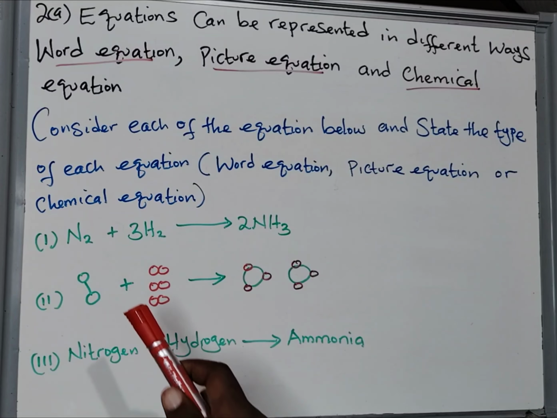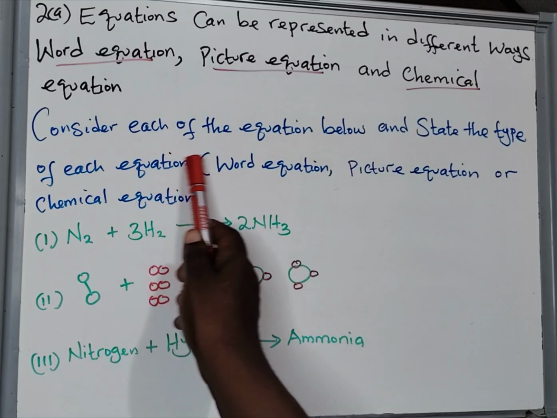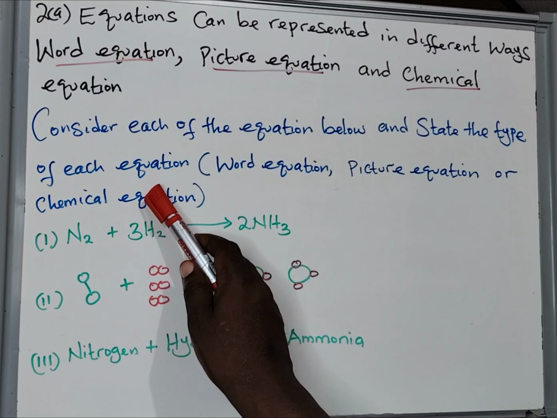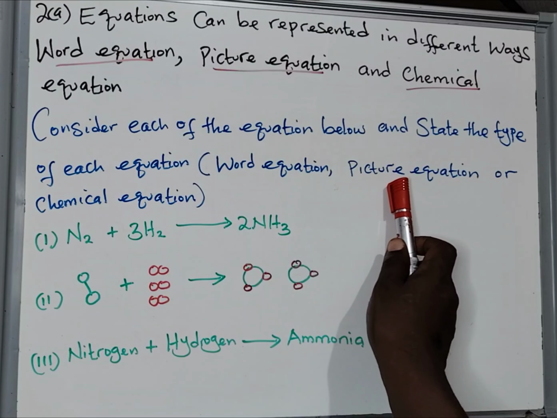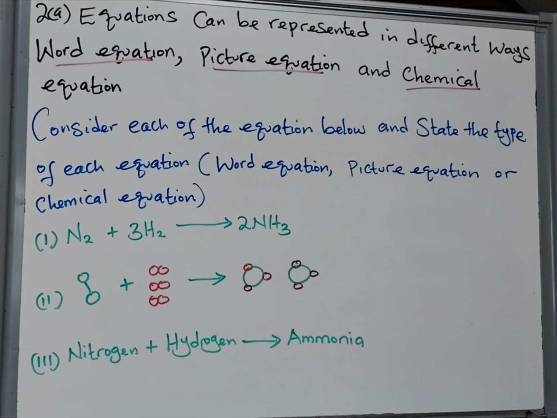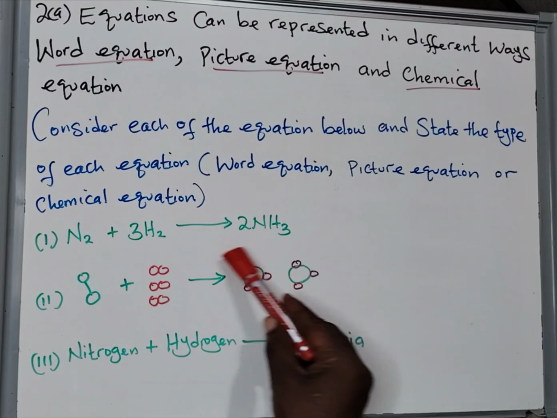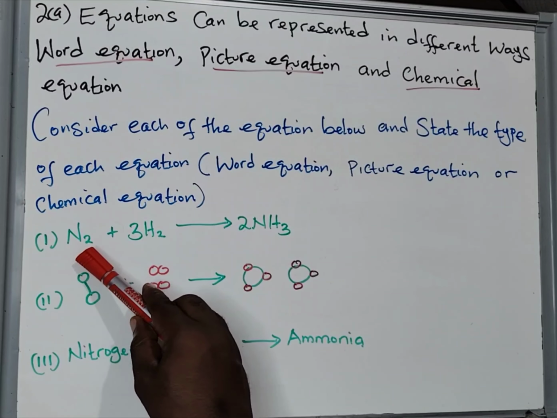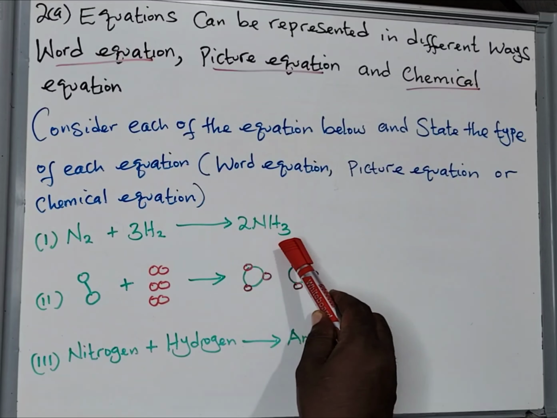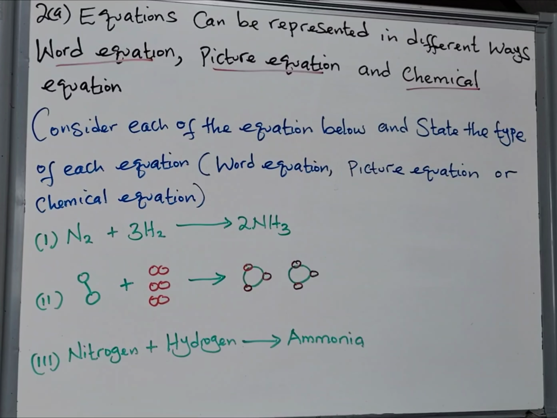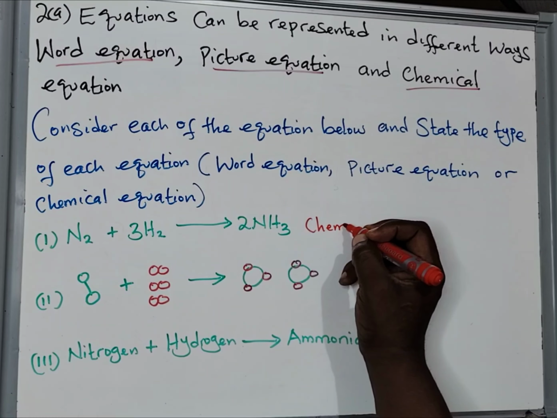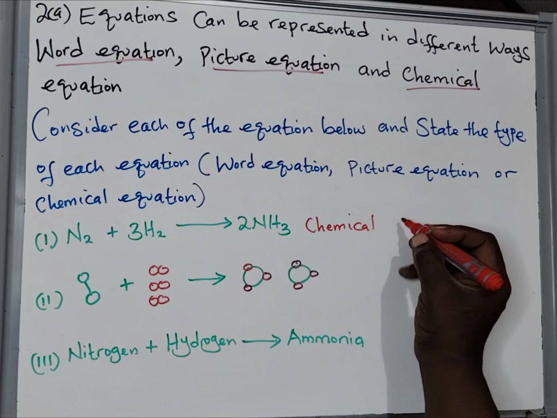Then this question says to consider each of the equations below and state the type of each, whether it's word, picture, or chemical. So what equation is this one? We are having the chemical symbols being the representative of the entities. That one is called a chemical equation.